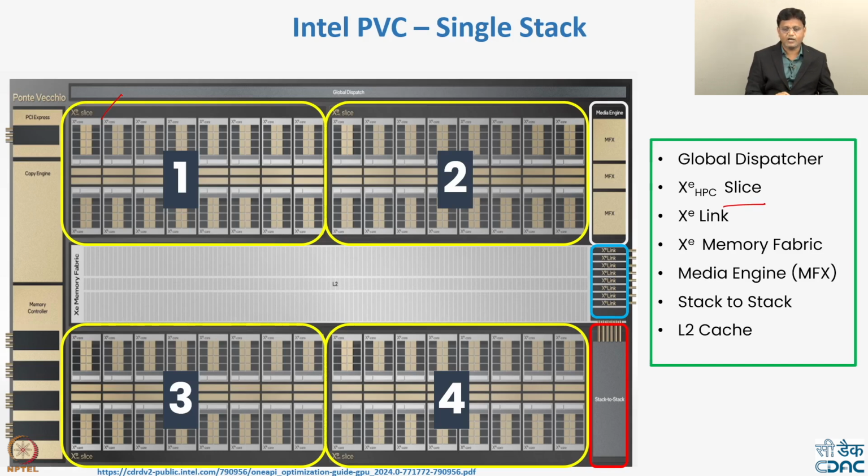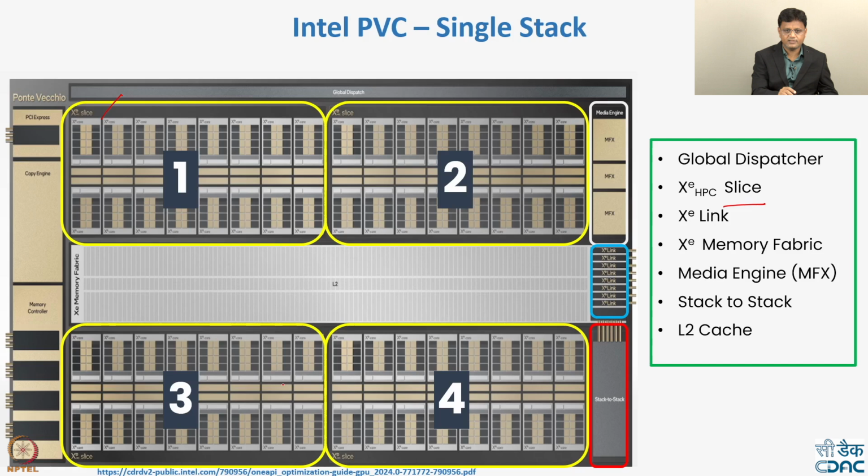In NVIDIA we have seen there are 6 GPCs, but here Intel is almost similar. If you establish the analogy between these 2 GPUs, you will find somehow similarities in organization. NVIDIA has organized in terms of GPC. Intel is organizing their compute cores in terms of Xe slice.